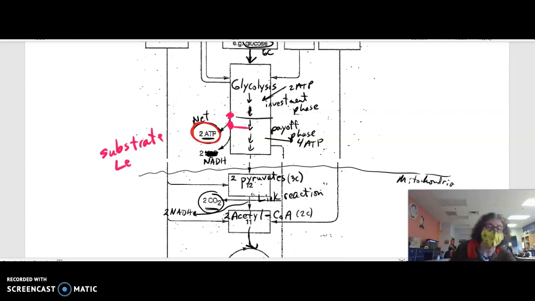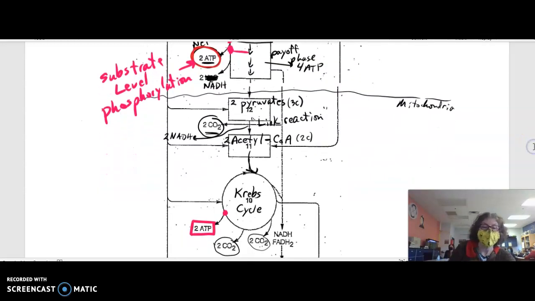Substrate level phosphorylation. And if you've really been reading the book, you know what I mean. Substrate level phosphorylation is not nearly as efficient a way of making ATP, or phosphorylating an ADP into an ATP, as what happens in the electron transport chain. The electron transport chain is called oxidative phosphorylation. We talked all about that today, right?